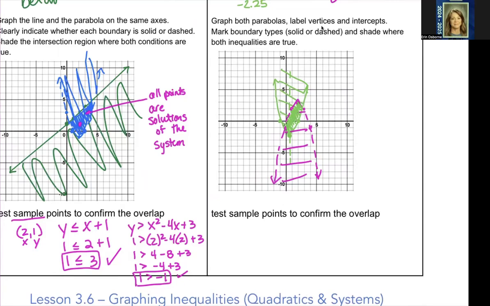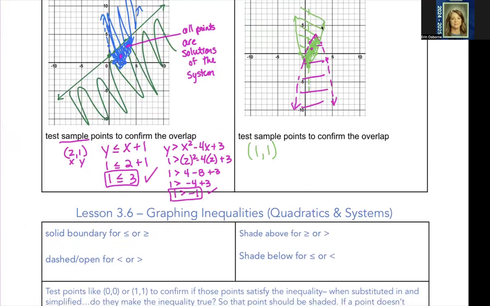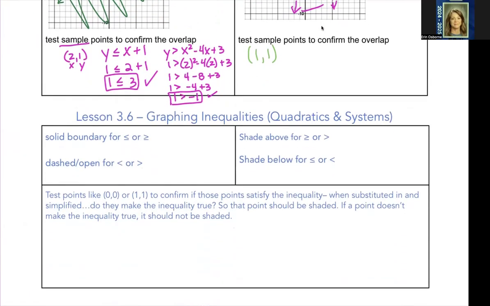The easiest point to test on this one would be (1, 1). It's in that region, but to save time and make this video short, I'm not going to do it with you. The last things I'll mention down here, make sure you have a solid boundary when you see those equal to bars, and that you dash when you don't have it.